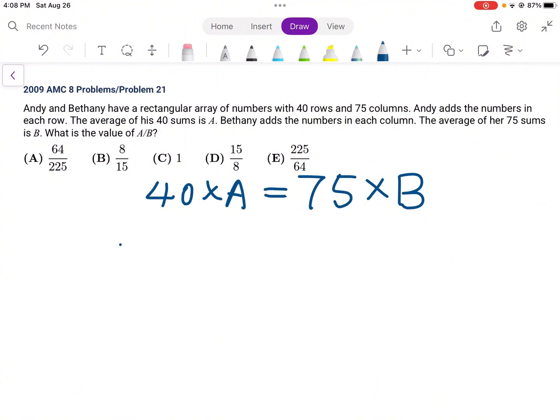Therefore, we simplify this and get A over B equals 15 over 8. The answer is D.